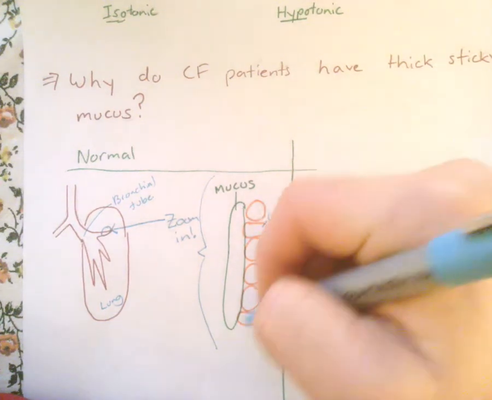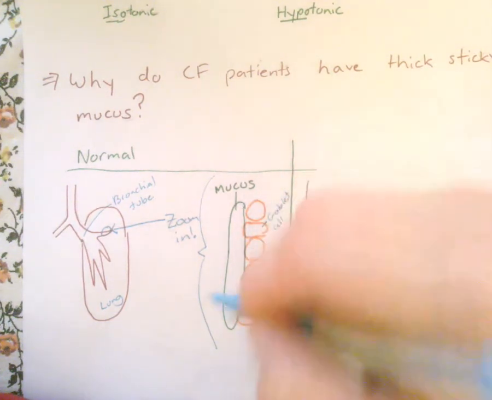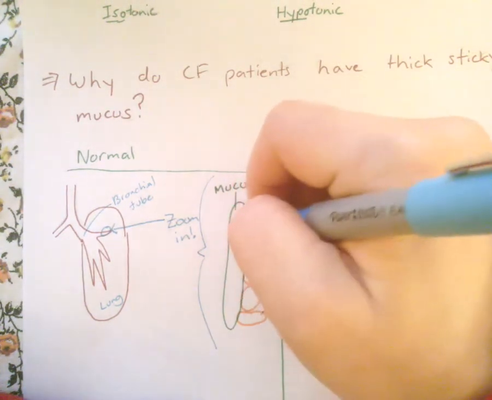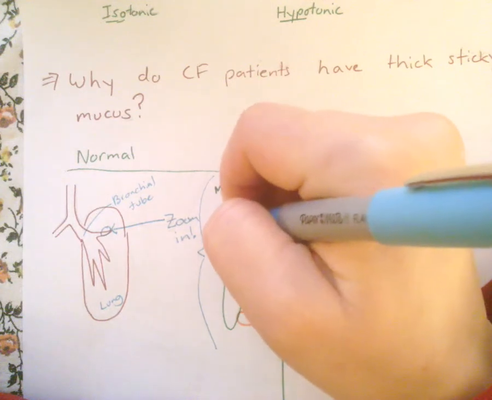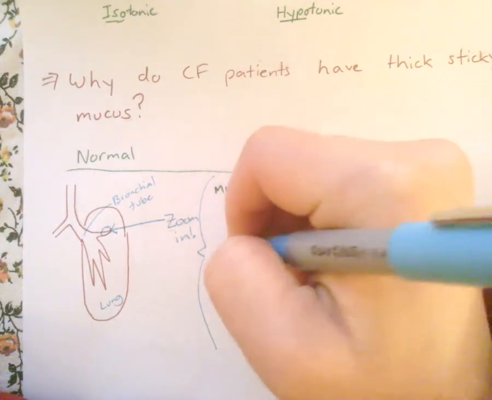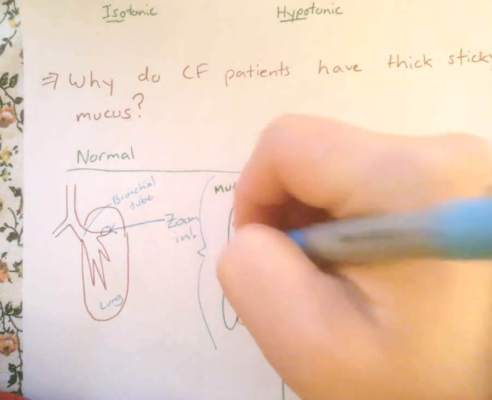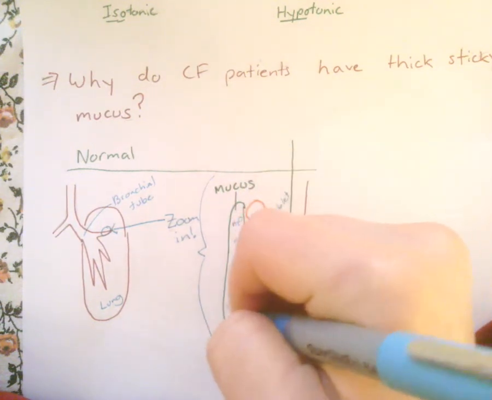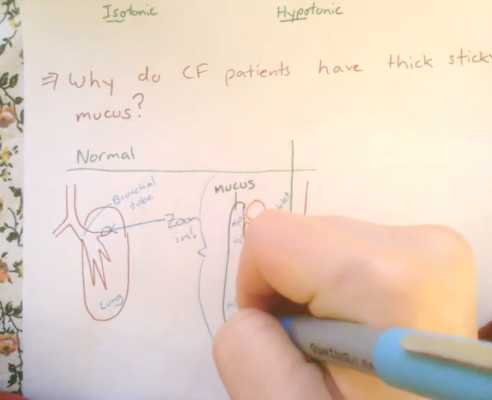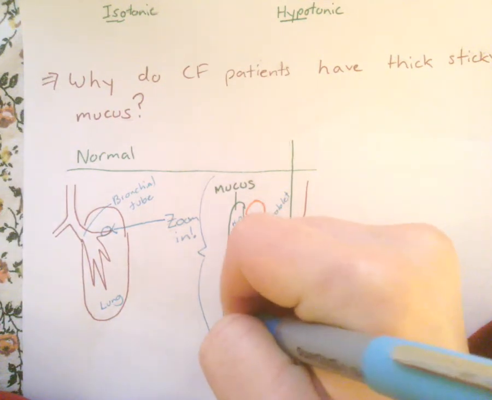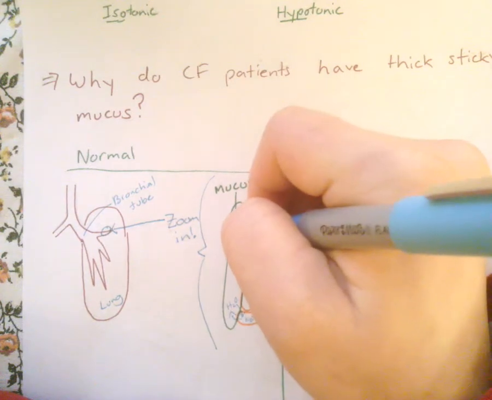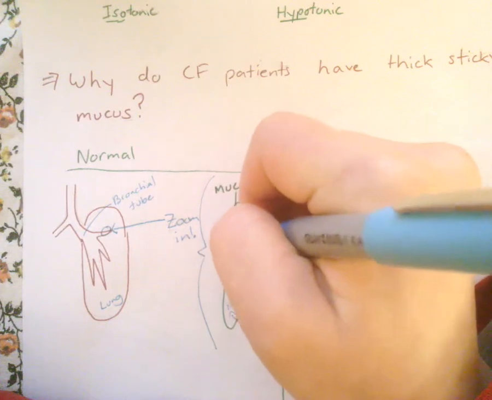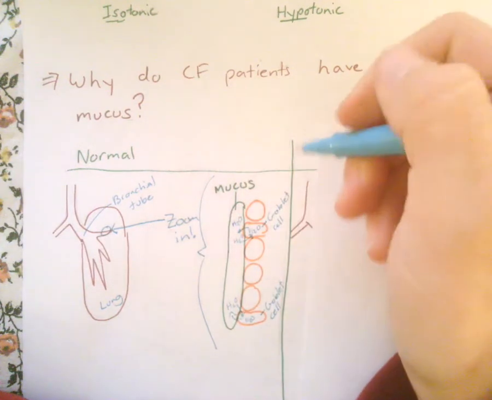So that covers the cells in the bronchial tube. It covers that tissue nicely to keep it moist. And here we should see this nice balance. The mucus should be fairly watery, and we should see a nice balance of water moving into and out of our cells, just like in the model, a nice balanced equilibrium state.